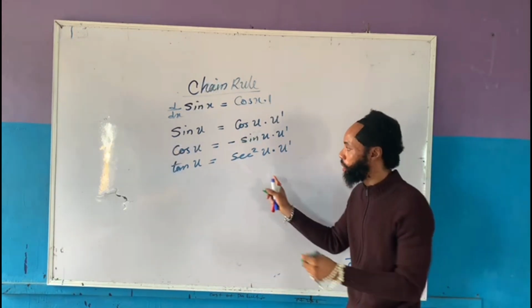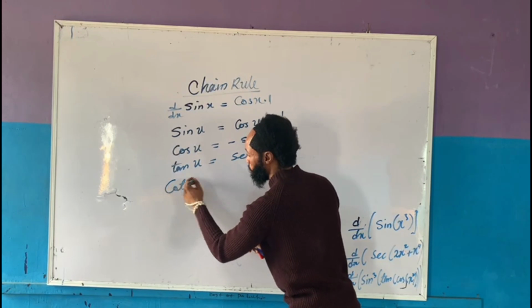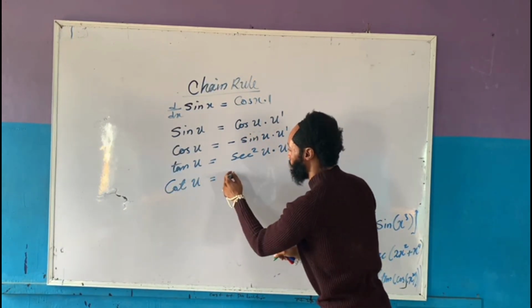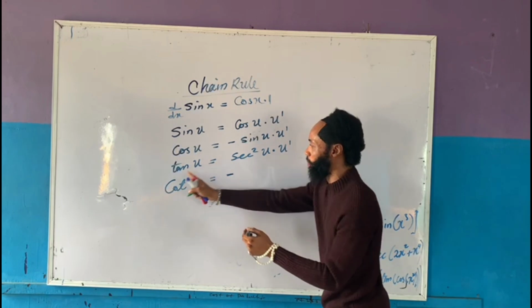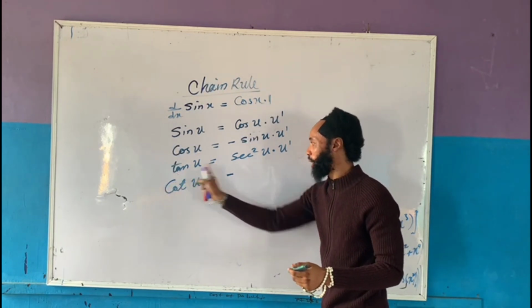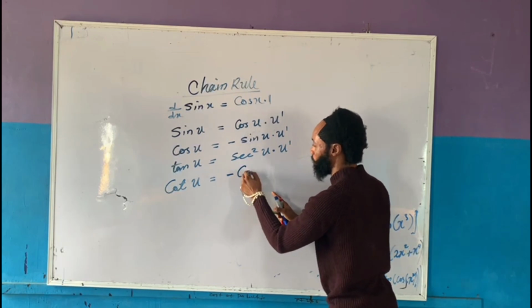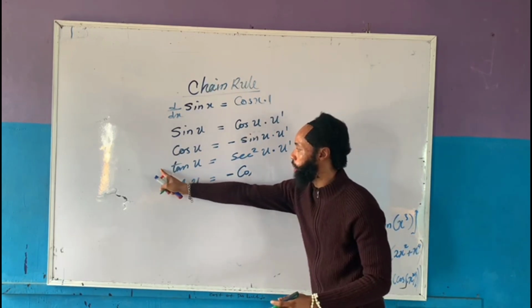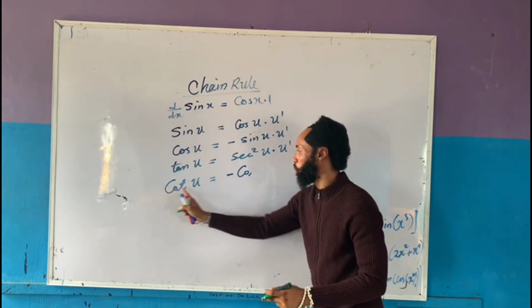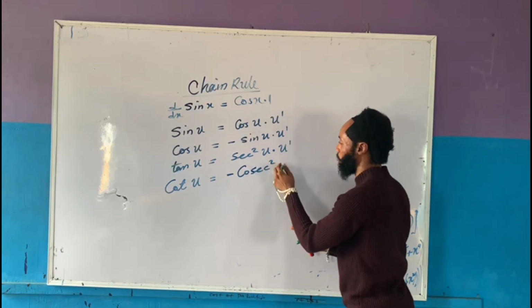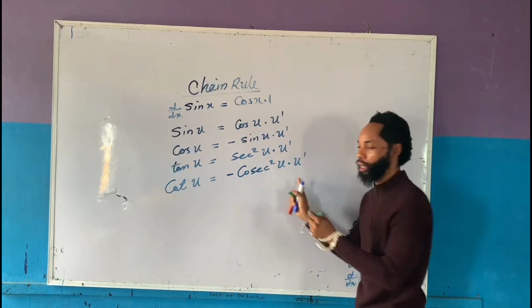If you go to cot u, you get the same thing, but since it starts with a c, you have a negative: negative cosec squared u times u prime. Remember in my previous video, tan and cot are connected this way.